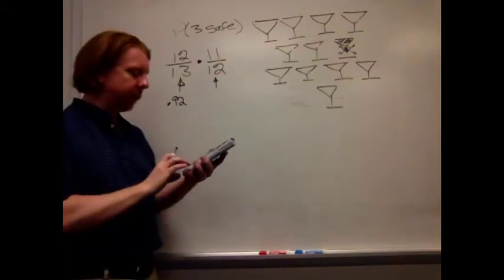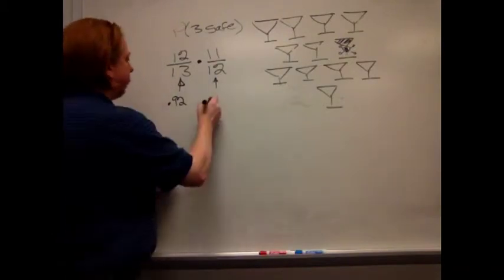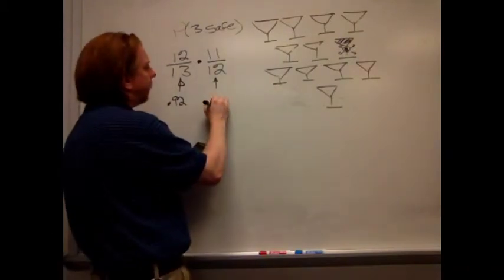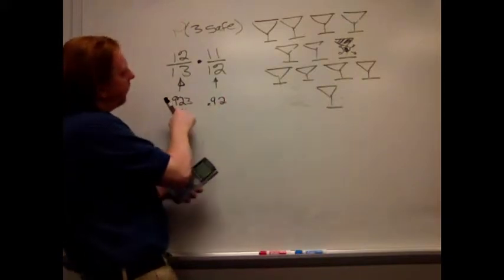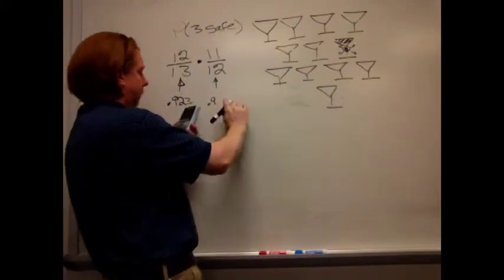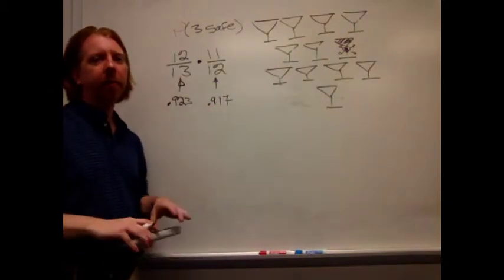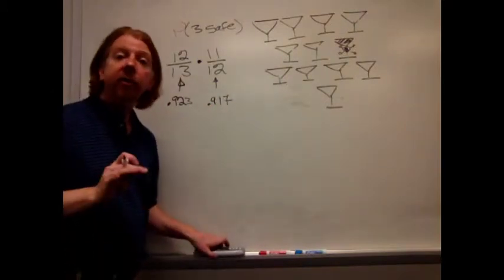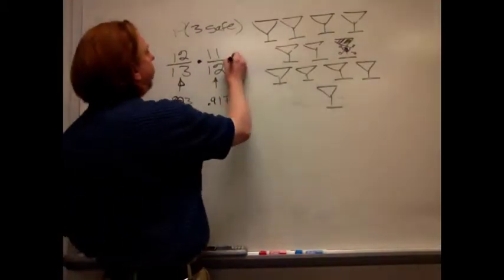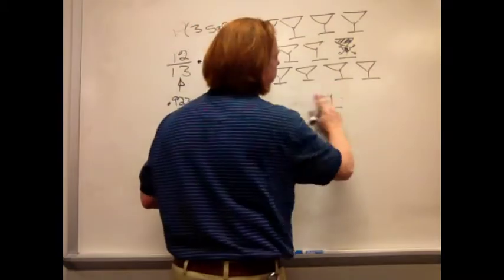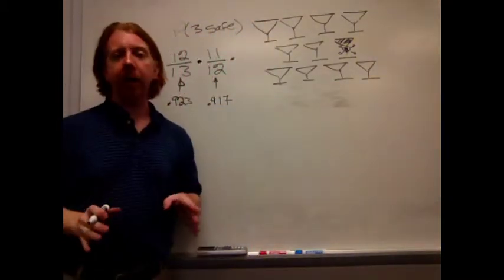11 out of 12, on the other hand, the odds aren't quite as good anymore. It's 0.917. So you can see a slight drop in probability, but the odds still favor him significantly on that given drink. The third drink, he's had 2 glasses out of the 13, which means now 11 remain.